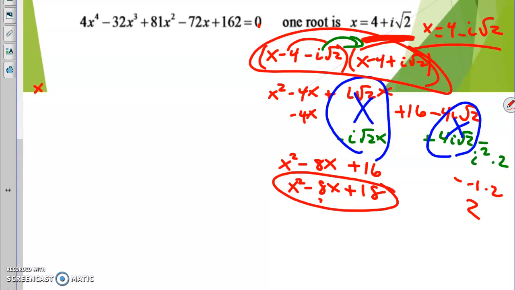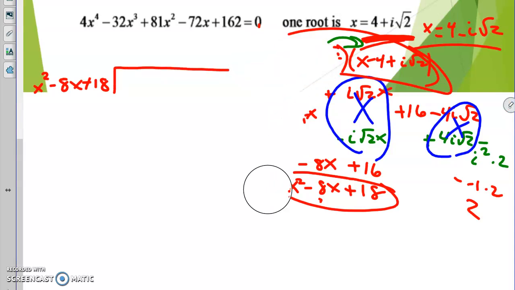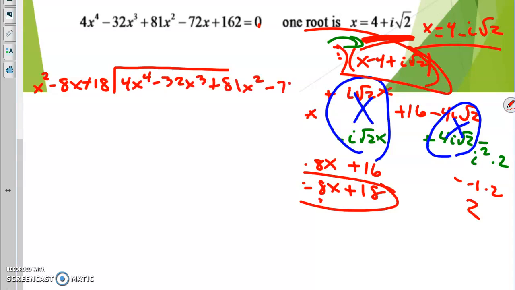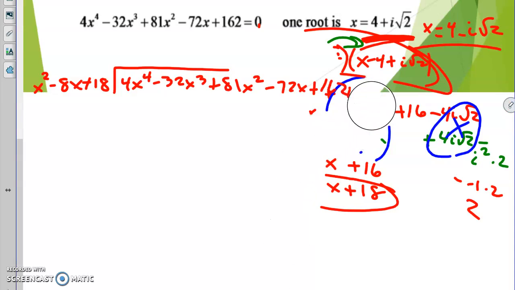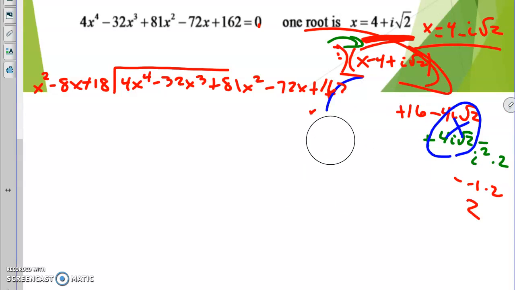So I'm going to say x squared minus 8x plus 18, and I'm going to divide that into 4x to the 4th minus 32x cubed plus 81x squared minus 72x plus 162. Making some room for me. There we go.